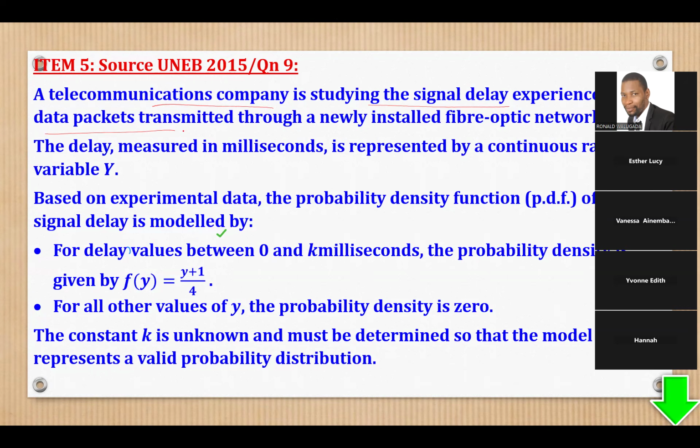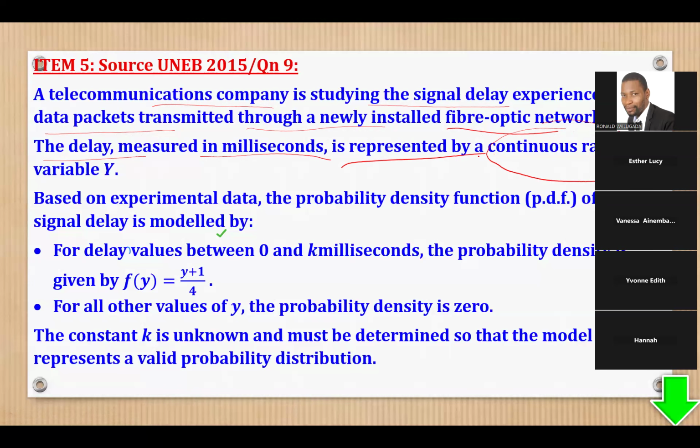We only want to pick out the math in it. Through a newly installed fiber optic network, the delay measured in milliseconds is represented by a continuous random variable. So our interest as math is this word, continuous random variable.